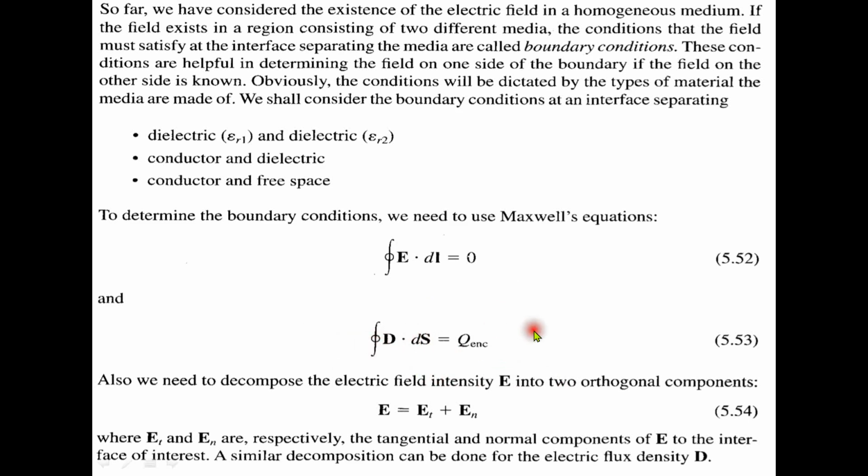We need to decompose the electric field intensity into two orthogonal components: one is the tangential component, and the other one is the normal component. The electric field intensity at the interface under consideration is the sum of these tangential and normal components.